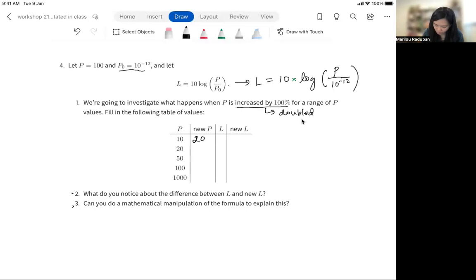For L, it's just a matter of substituting the value of P in the equation. So you have 10 times log of, when P is equal to 10, 10 divided by 10 exponent negative 12.